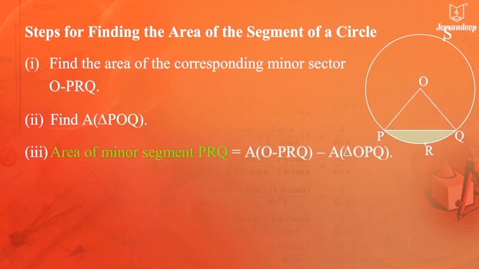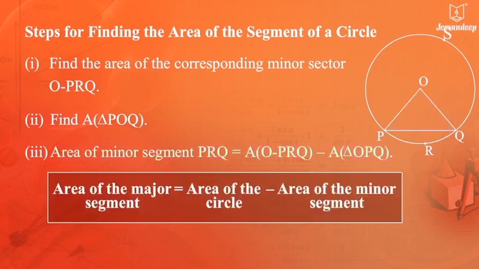Area of minor segment PRQ equals area of the minor sector OPRQ minus area of the triangle OPQ. We know that area of the major segment equals area of the circle minus area of the minor segment.